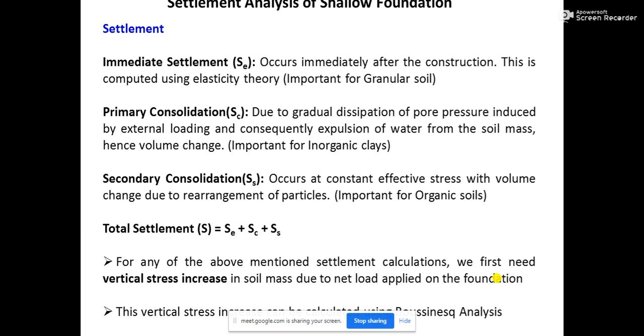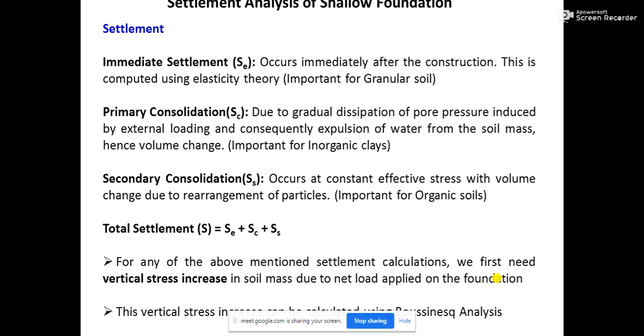When the pore water pressure dissipates in a clayey soil because of the external loading coming onto the clay from the load of the superstructure through the foundation to the soil, there will be expulsion of water from the soil mass, and because of that, there will be a change in the volume of the soil mass. That is basically primary consolidation.